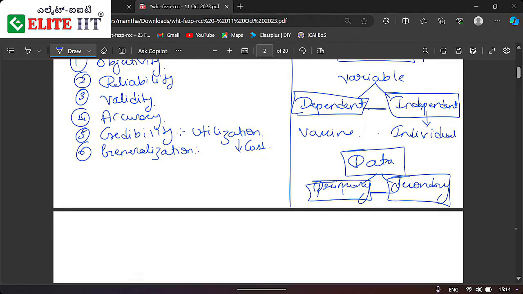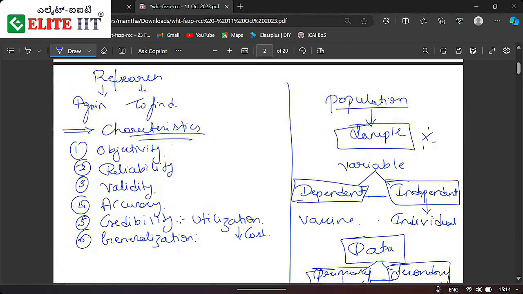It is a generalized result we always depend on. Even the research outcome, whatever is taken up, is always applied to the bigger population, because the sample I am going to take is a phase of the population.